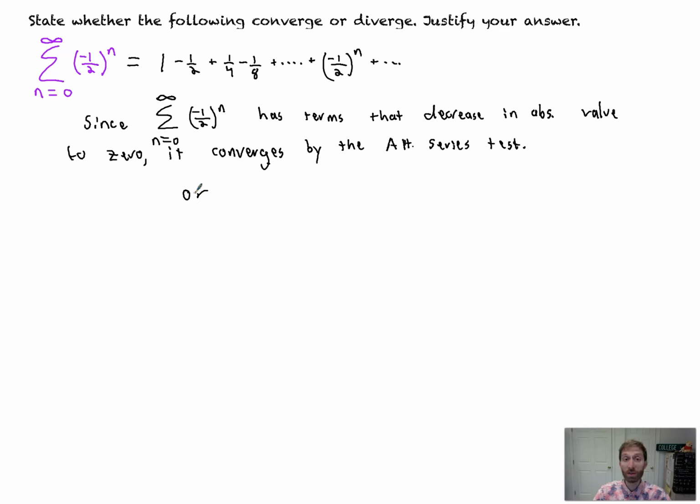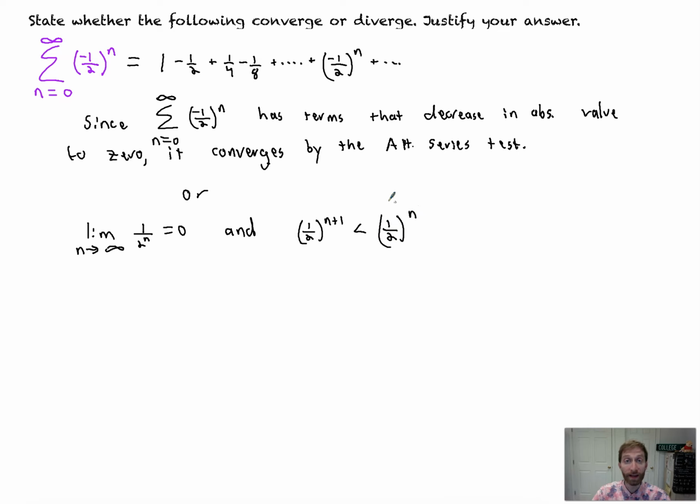You could also do it this way. You could say the limit as n goes to infinity of the nth term, but again, we're not really considering that negative part, and you could just do 1/2 to the n, equals 0, and we then want to show that the n plus 1 term, so that'd be 1/2 to the n plus 1, is less than 1/2 to the n.